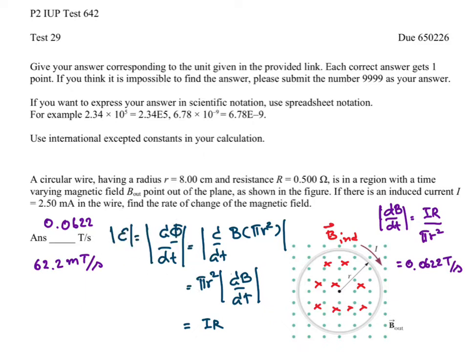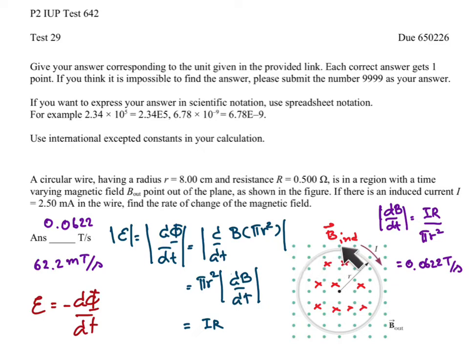In the full form, it's equal to minus dΦ by dt. But here we want to know only the rate of change, it means that we want to know only the magnitude of the EMF, not the sign. So we put the absolute value here. The absolute value of the EMF is equal to the absolute value of dΦ by dt.